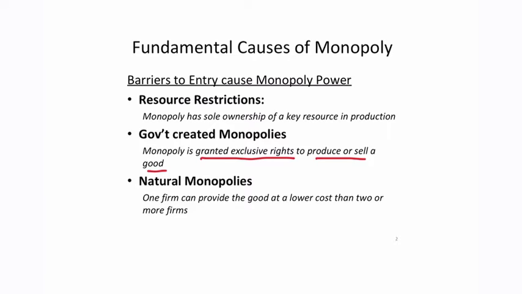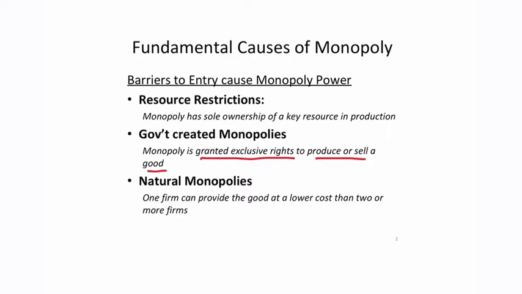So here, the patent laws allow the company to be the only producer of the good or service, usually for a specific period of time. So for example, a pharmaceutical company has invested a lot of money into research and development of a new drug, and the government grants them a patent to be the only producer of that drug so that they are able to recoup their costs of the research and development.